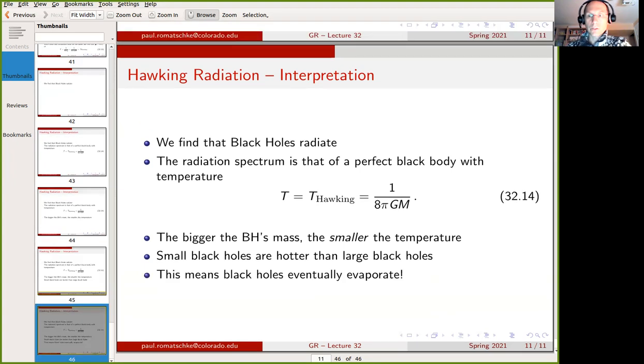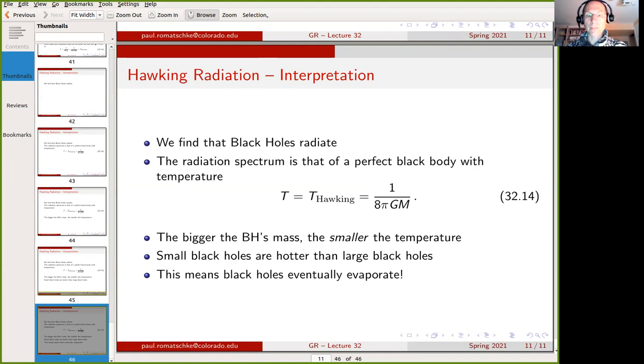So the logical conclusion of this is that if you have a black hole that's left to its own devices, it will radiate, and as it radiates, it shrinks because it has to supply energy to this radiation. By shrinking, it becomes less massive, so its mass decreases. But because the temperature is inversely proportional to the mass, the lighter the black hole gets, the hotter its radiation will become, so the more it radiates.